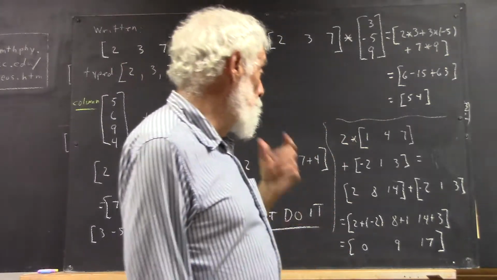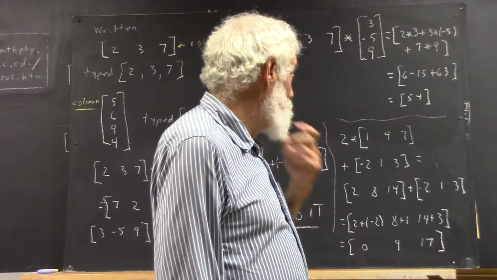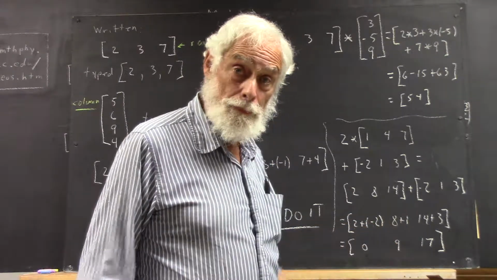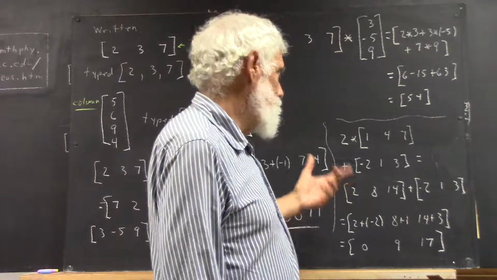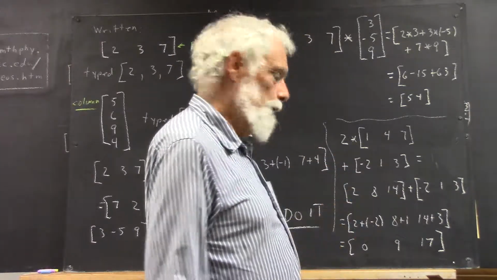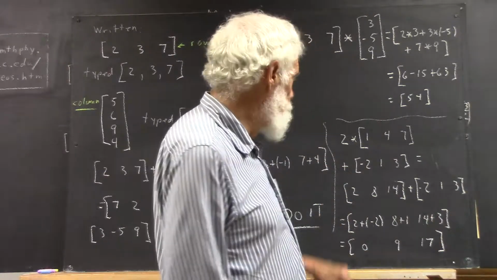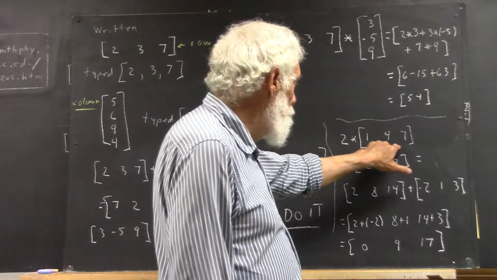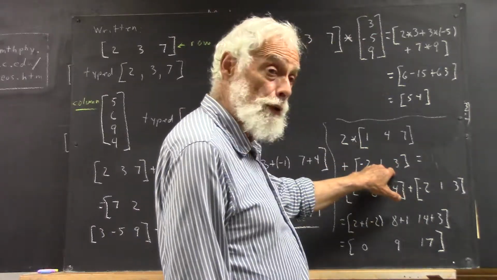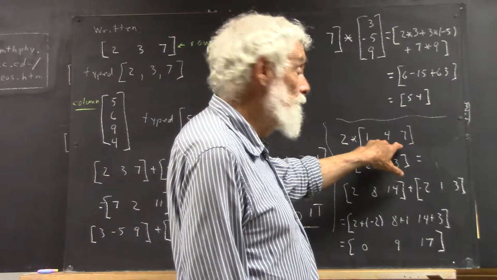We can multiply a row or a column by any number we want to. Okay, so for example, well, we do a more complicated calculation here, but it's still very simple. We do 2 times this row, and we add it to this row. Well, what's 2 times this row?